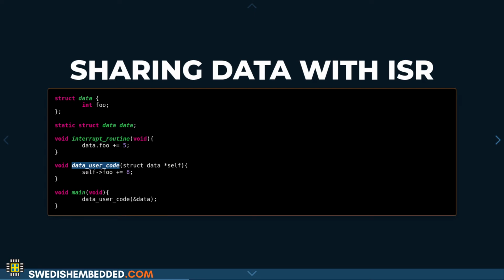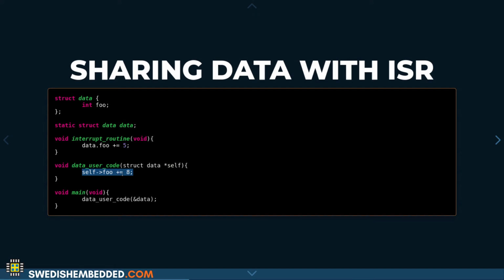And if we were to execute this code, let's say we can get this interrupt routine to execute at any given time. This is basically connected to a hardware interrupt, so at any given time the hardware can interrupt whatever we are doing and execute this routine. So what would happen here? Well, when we are executing this operation, we might get interrupted in the middle of it, and then 5 would be added to a value and written back.